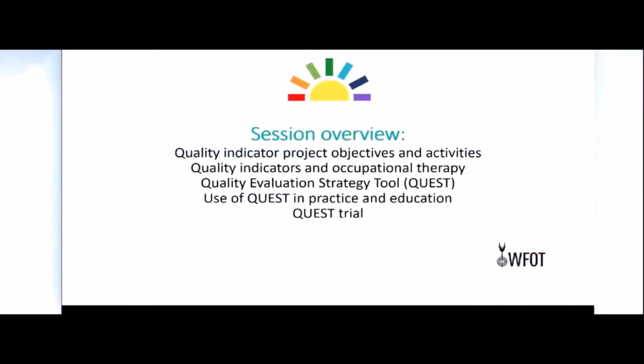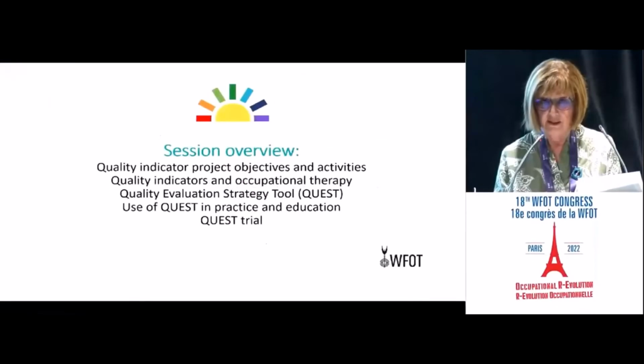This is what we are planning to do. We're going to provide you a brief overview of the Quality Indicator Project objectives and activities. We're going to discuss why the use of quality indicators in occupational therapy is important. We're going to describe our tool, Quest, which is the Quality Evaluation Strategy tool, as a conceptual model for defining meaningful indicators for occupational therapy.